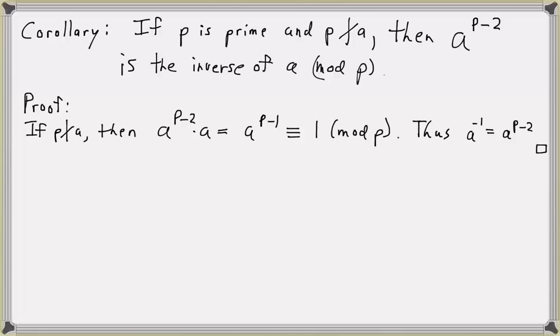To finish up this lesson, I'd like to give some examples of how to use Euler's theorem and Fermat's theorem. So for example, let's find 2 to the power 123 mod 11. Well, 11 is prime, and by Fermat's little theorem, we know that 2 to the power 10 must be congruent to 1 mod 11.